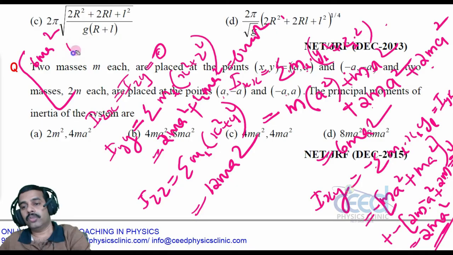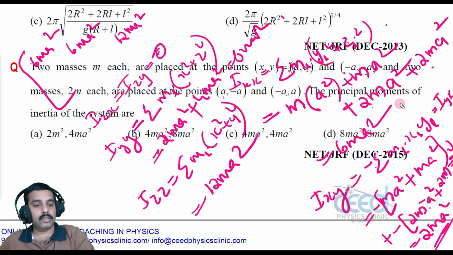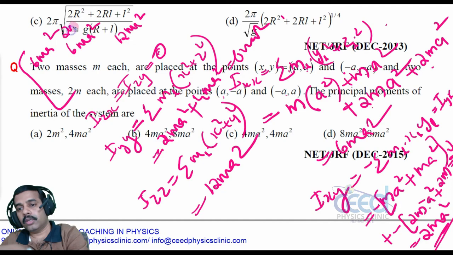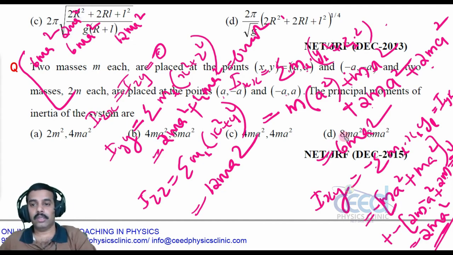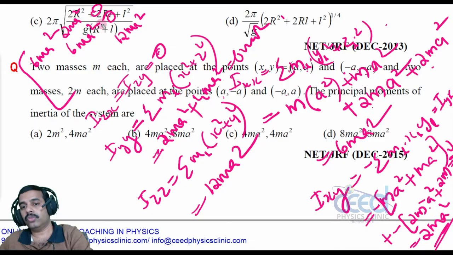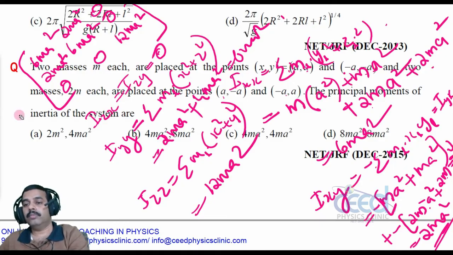Iyy value, that also 6ma square, and Izz will be 12ma square, and Ixy is 2ma square, Ixz is 0, this term also 0, and Iyx is again 2ma square, and these are 0, 0. All right, now this is my moment of inertia matrix, right?